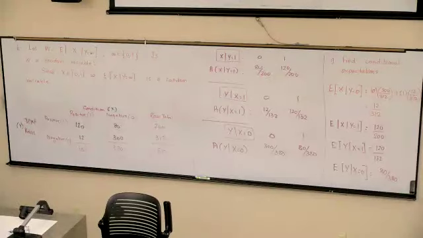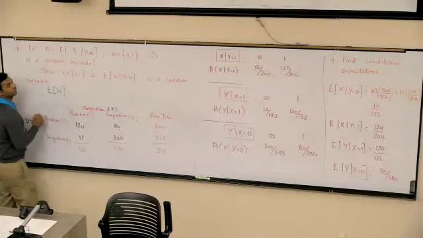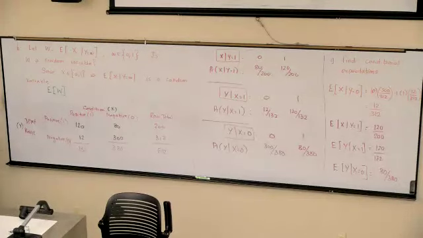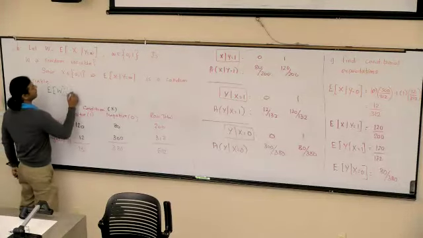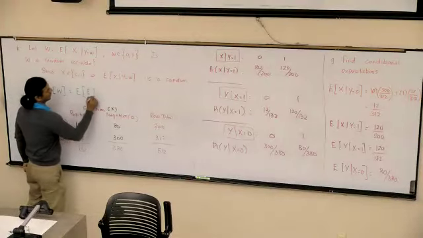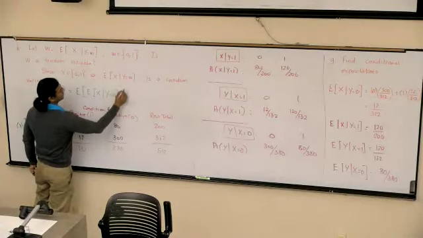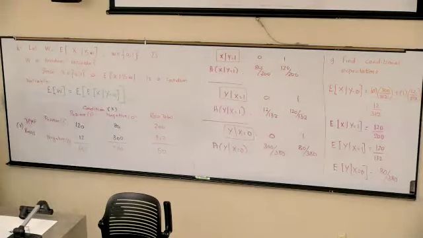Now, what would happen if I took the expectation of this expectation? That's what I'd like to know. Expectation of W would simply equal expectation of X given Y equals W. Yes?